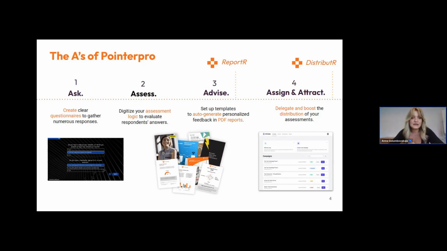This is the tier that allows you to digitize your assessments and create them on the platform, and then also set up templates to create PDF reports so that the tool auto-generates personalized feedback to each respondent. And then as a next step, there is the distributor. This is an add-on for a reporter license so that you can delegate and boost the assessment distribution.